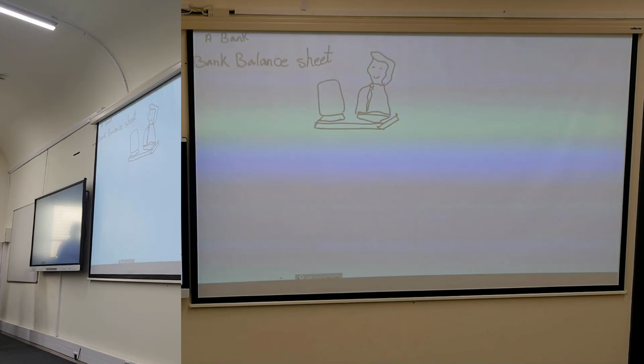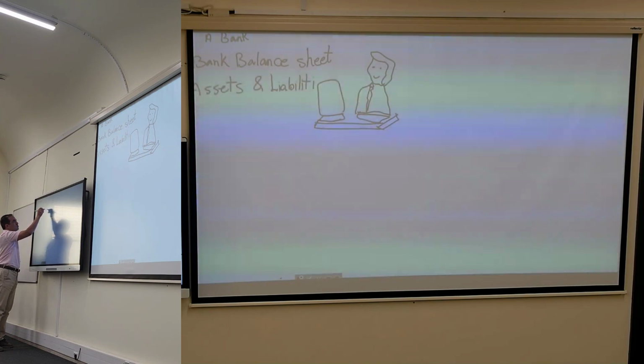The bank balance sheet is like a snapshot of the bank, okay? So it's a list of the bank's assets and liabilities. Okay.